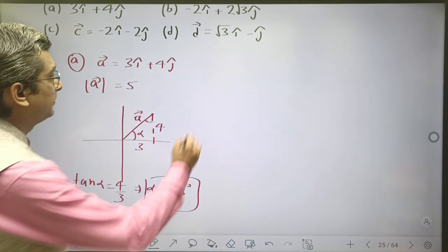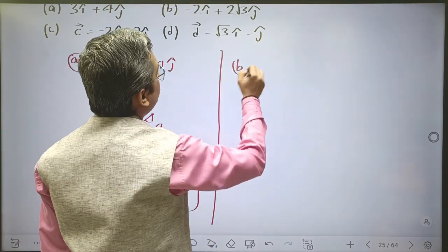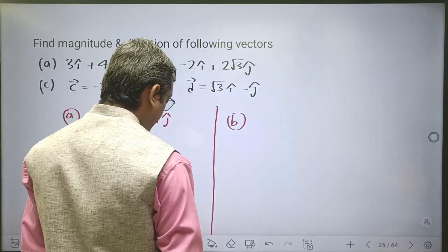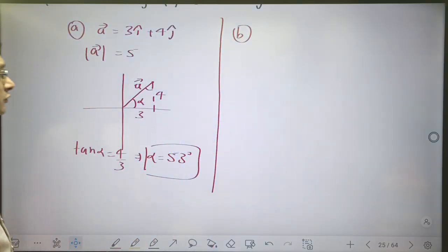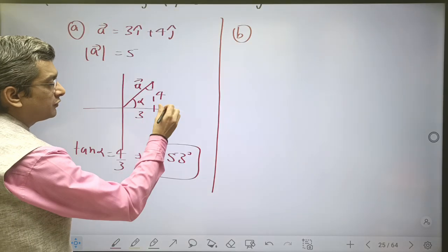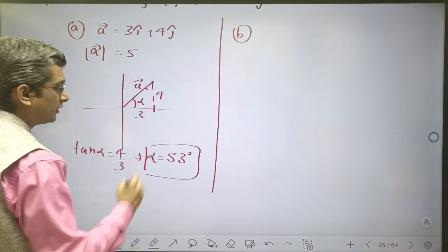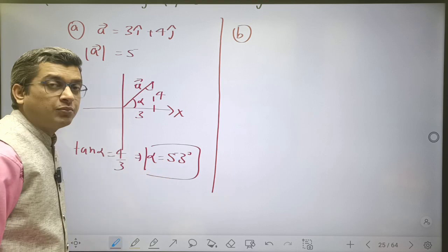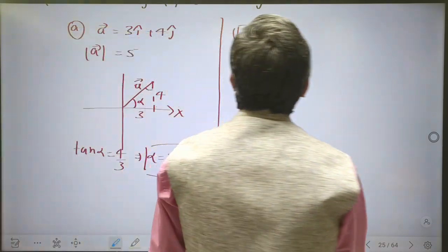So this is the special case, 3 4 5 triplet. So what will be the answer? The direction of A is 53 degree from positive x-axis. Are you getting now? What you write? The direction of vector A is 53 degree from positive x-axis. So in this way we have to write.